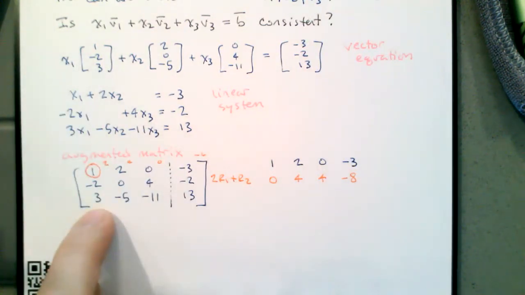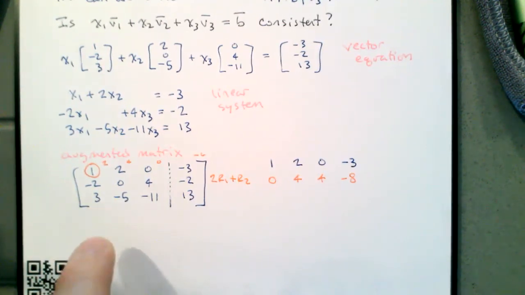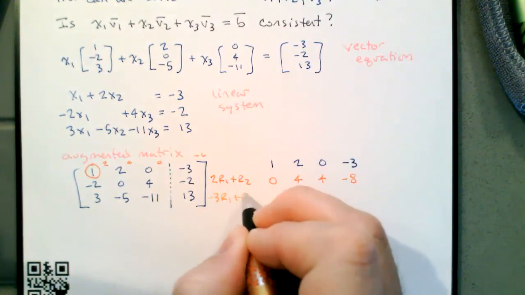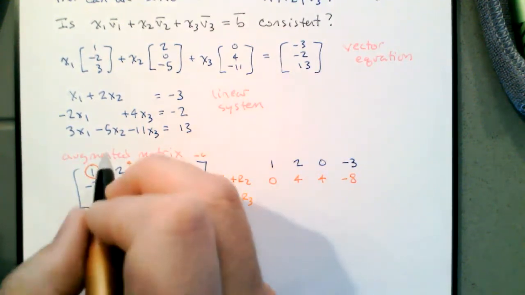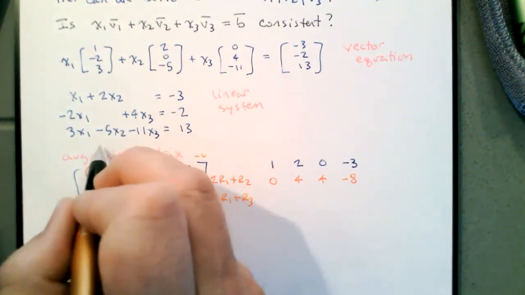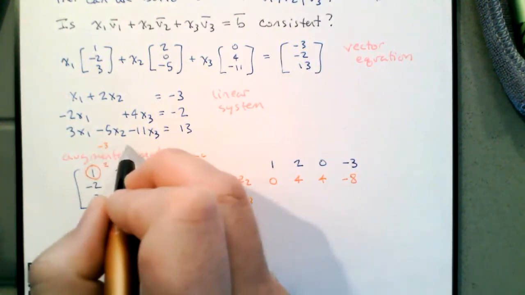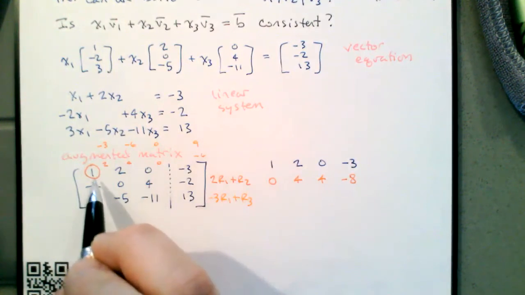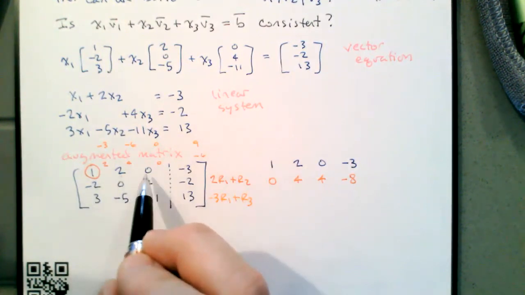Now I also need to get a 0 in the first column, third row. So to do that, I'll do negative 3 times the first row and add that to row 3. So negative 3 times the first row: negative 3, negative 6, 0, 9.